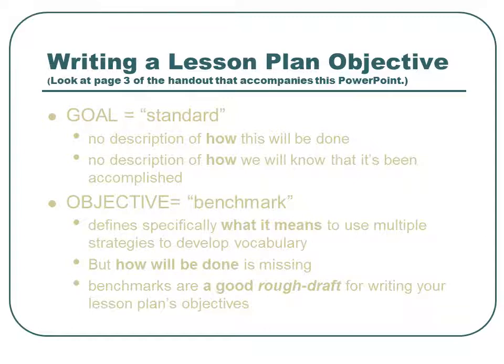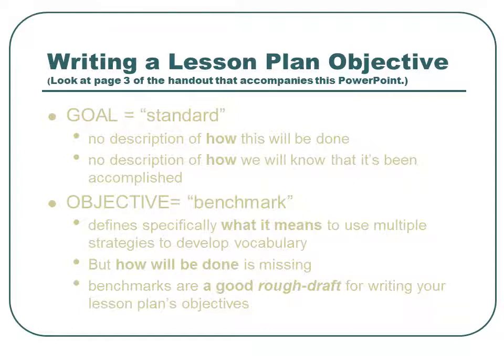So we continue reading. Underneath the standard is a list of benchmarks. There are 11 benchmarks total. These are the 11 objectives that must be met in order for the goal to be met. Notice how each objective or benchmark defines specifically what it means to use multiple strategies to develop vocabulary.